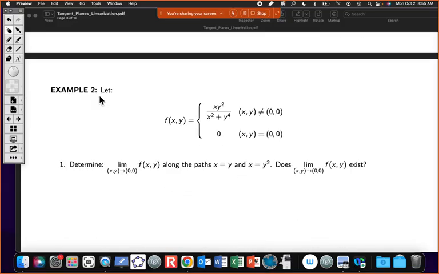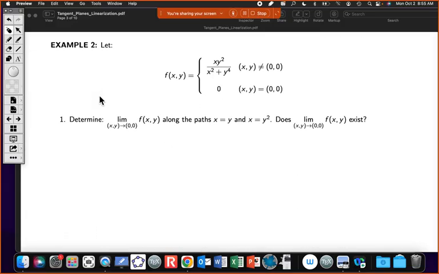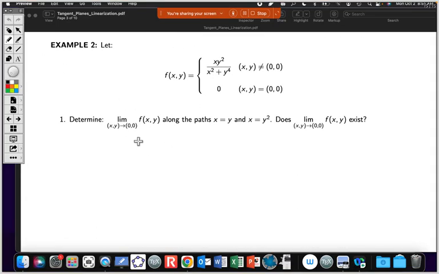This is a classic type of example. Look at the limit as xy approaches 0, 0 along these two different paths. Does the limit exist? There are some of these on your take-home test, which is due on Wednesday. So this is good review.